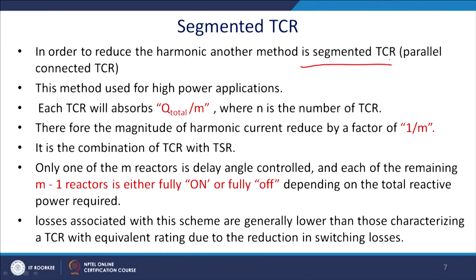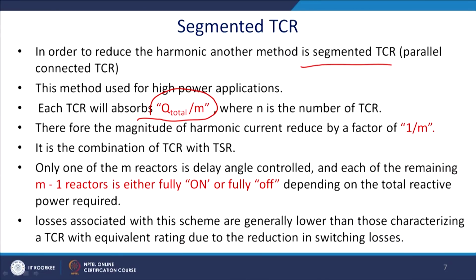Now, what is a segmented TCR? In order to reduce the harmonics, another method is to segment the TCR, that is, you put a parallel path of the TCR. This method is used for high power applications, because once you have a very high power rating, you require to put the thyristors into parallel combination.